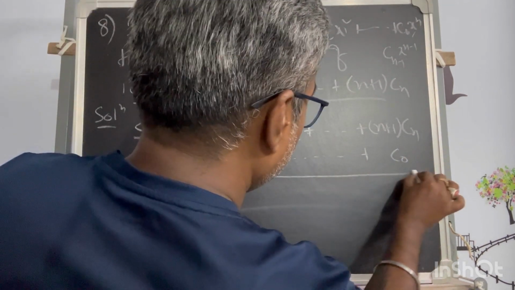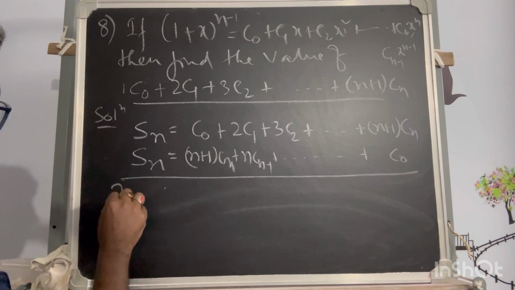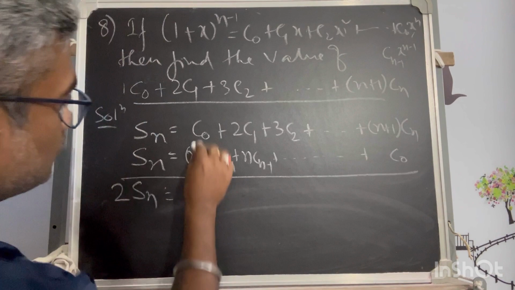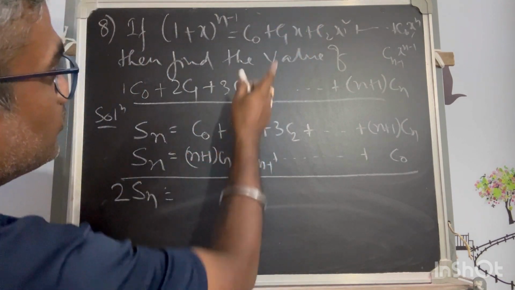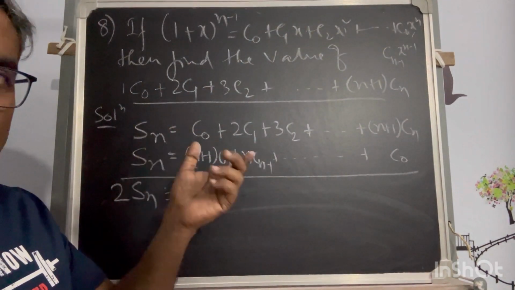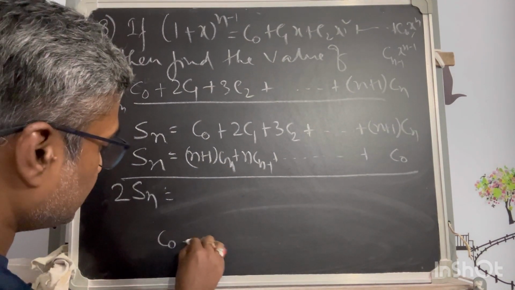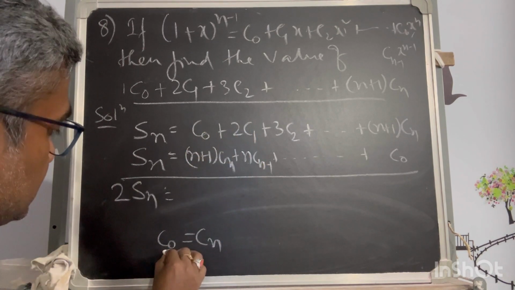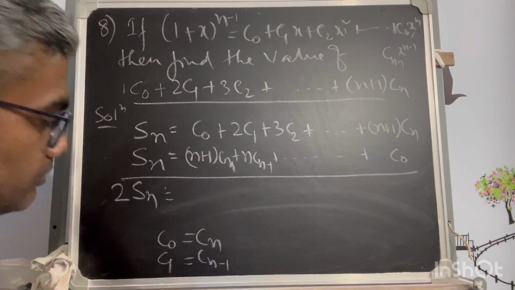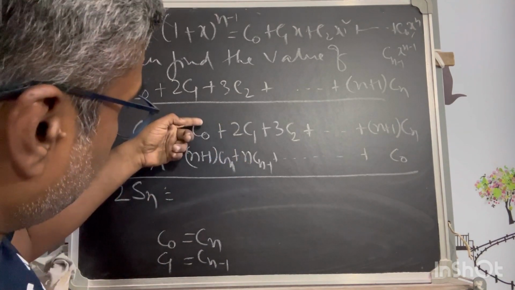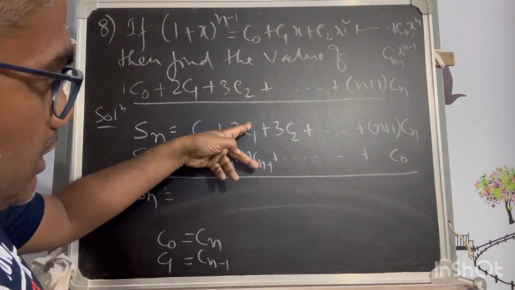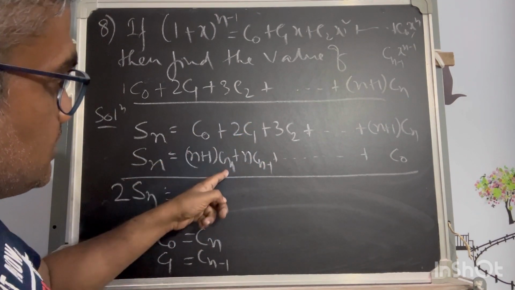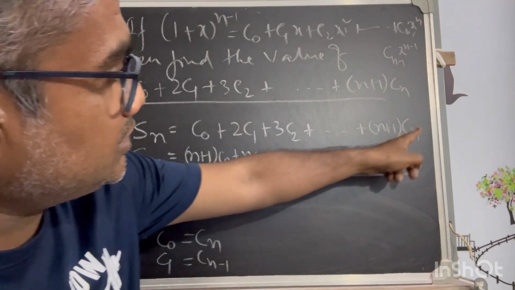Now if I want to add these, what will I get? I will get 2 of Sn, and as you know, the coefficients of the same series from the extremes are equal. That means C0 is equal to Cn, C1 is equal to Cn minus 1. Whatever terms come below have the same value as the other term. So this and this are equal, similarly this is equal to this, and this is equal to this.